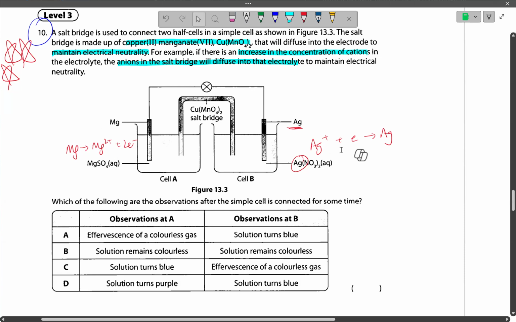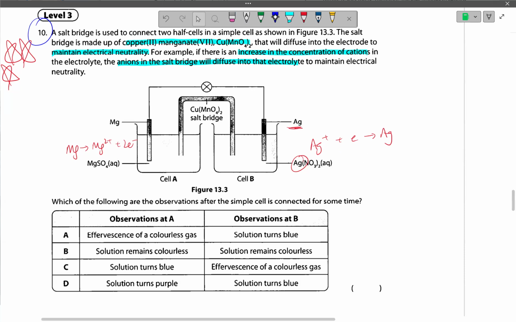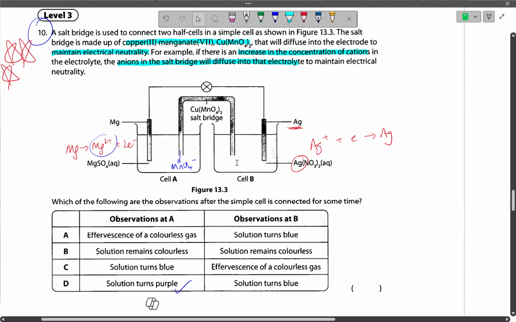So the cation increases on this side, therefore the manganate will go in. All right. So the solution will change color. It will turn purple. Manganate is dark purple, but when it goes into the solution, it turns to a lighter purple. So anyway, manganate will turn this side purple. So what happened to this side? Because I removed the cation, who will come in? You have to balance neutrality, right? Where I remove the plus, some plus must come in. The copper will come in. And copper is blue.